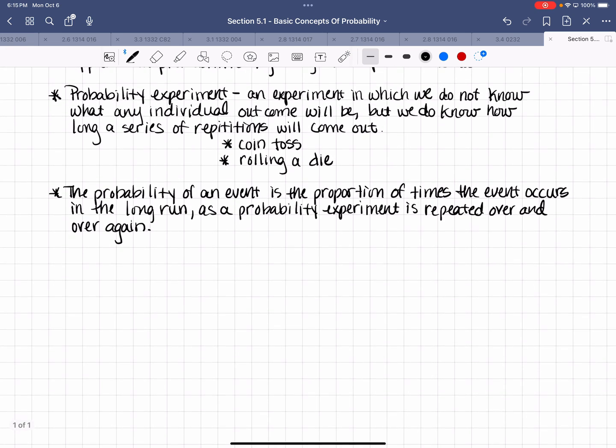We also have the definition of the law of large numbers.